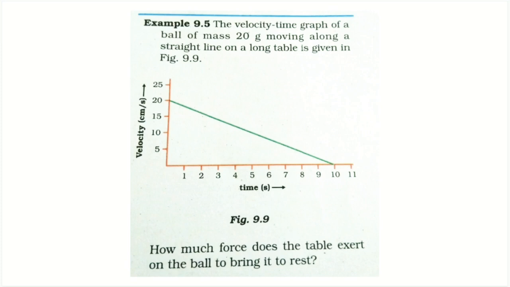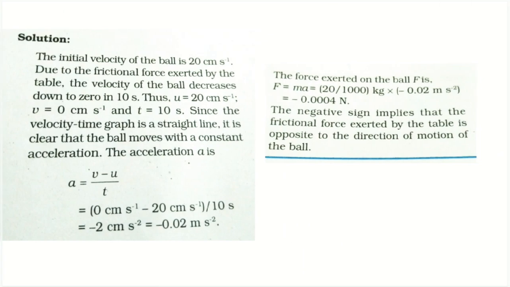Example 9.5. The velocity time graph of a ball of mass 20 grams moving along a straight line on a long table is given in the figure. How much force does the table exert on the ball to bring it to rest? Solution. As we can see in the picture, the initial velocity of the ball is 20 centimeter per second, and this is u.